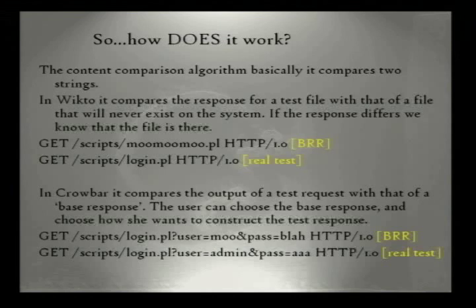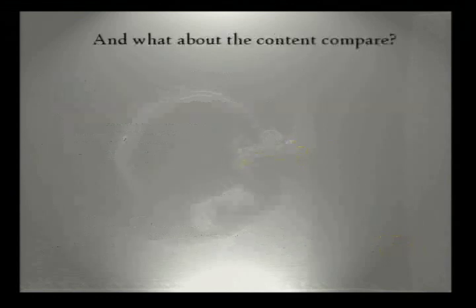If we want to test for a username and a password, we would test for something that we know would never be correct, like moo and blah, and then we would use the actual test that we want to perform and compare the content between the two requests. If the content is the same, then of course the file doesn't exist or the login attempt was unsuccessful. But if they differ, then we know we got a different page, which is interesting.